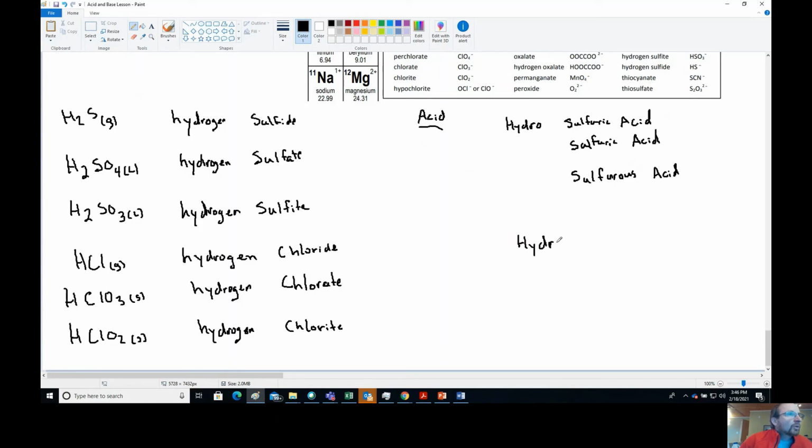Hydro, chloric. Oh, yeah, we know this. That's a famous acid. Okay, this one is just going to be chloric acid. Oh, yeah. And this one is going to be chlorous acid. That's it.